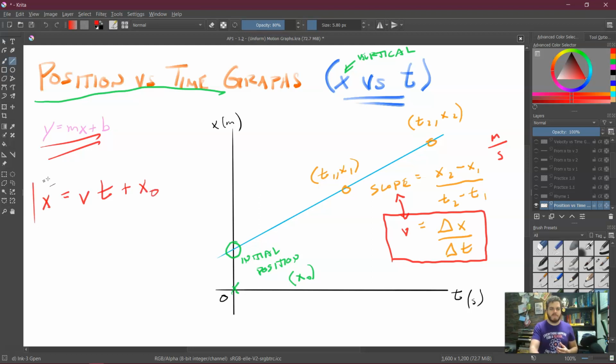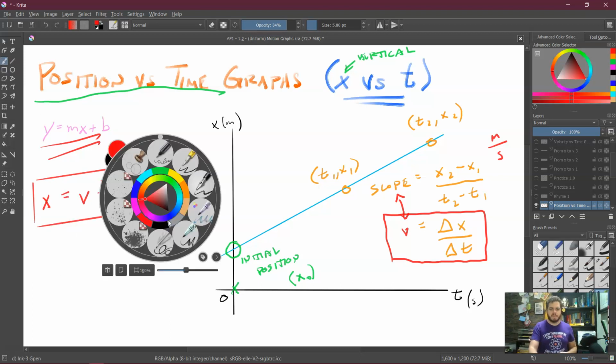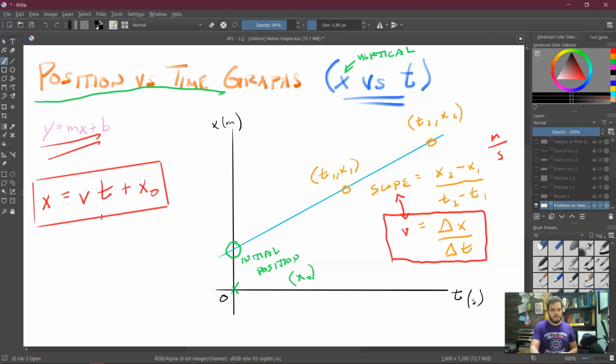So this is the format of how we would write a basic equation for a line on a position versus time graph. Keeping in mind that's just for a straight line. If it starts bending or doing anything like that, it no longer works. But this shouldn't be surprising anyway, because if we look, let's rearrange this.